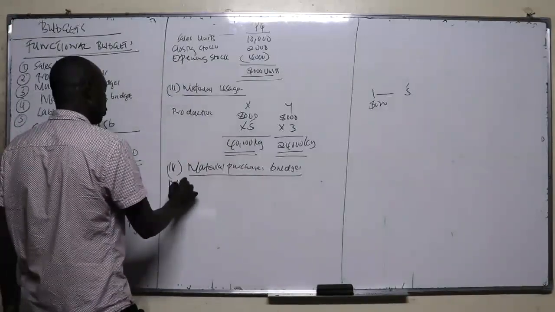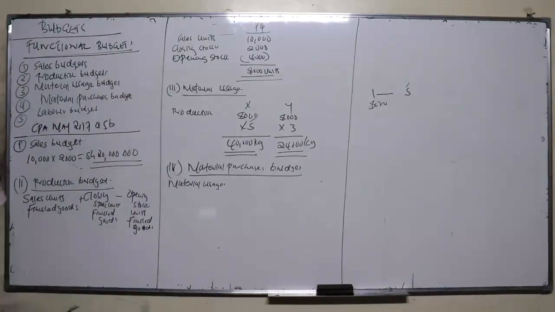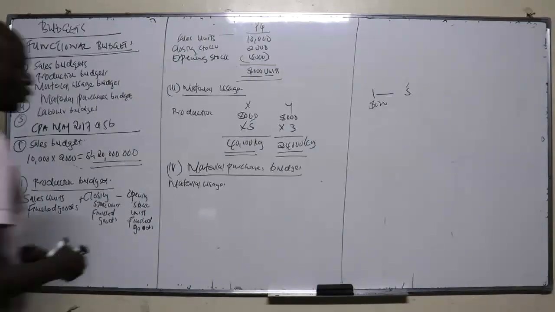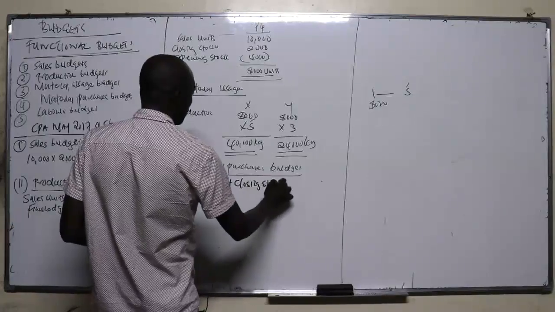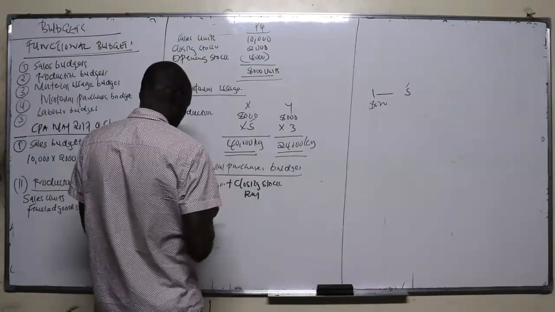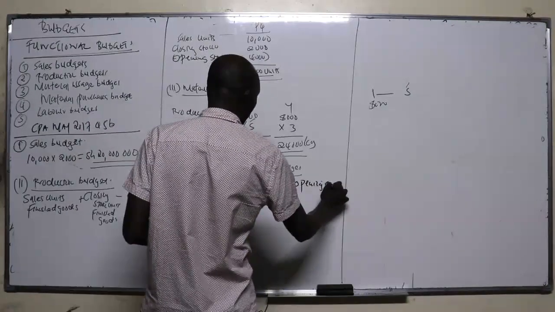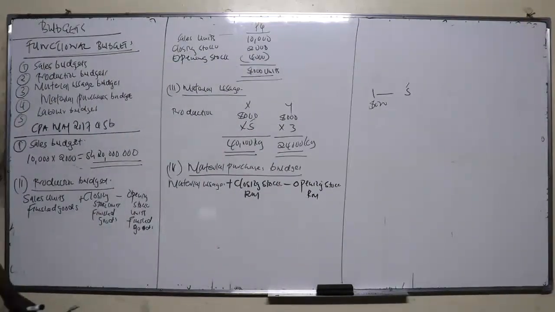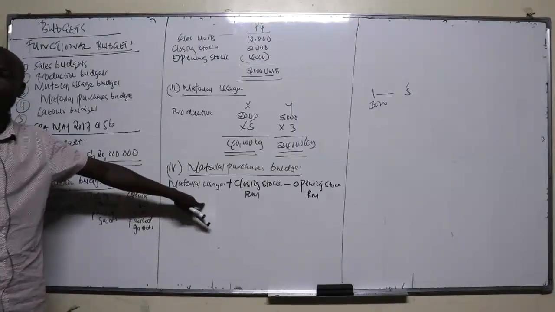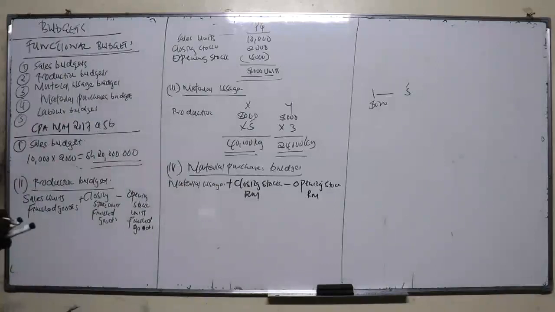So this is material usage, plus closing stock of raw materials, minus opening stock of raw materials. So the material you're going to purchase is equivalent to the material that you will use in production, plus what you will retain at the end of the period, minus the one you had at the beginning.